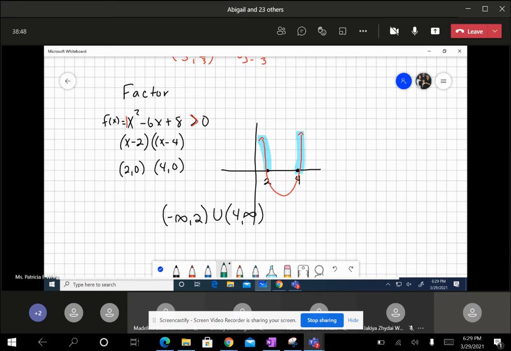And remember, if this had been f of x is less than or equal to 0, instead of greater than, then I would be looking for this section right here, and I would have had 2, 4.